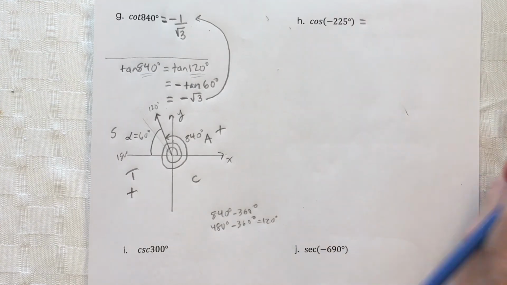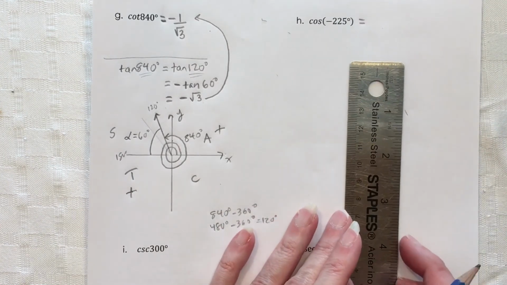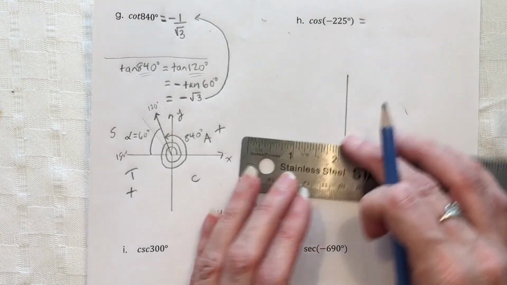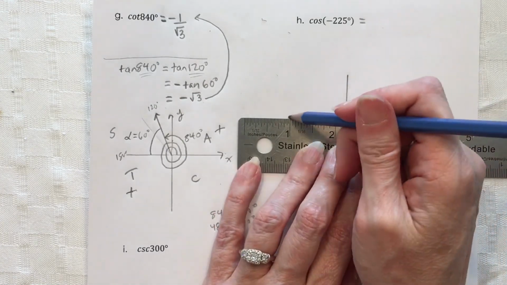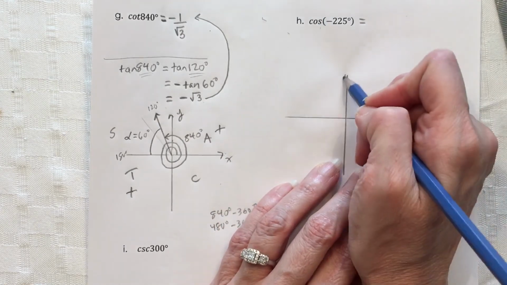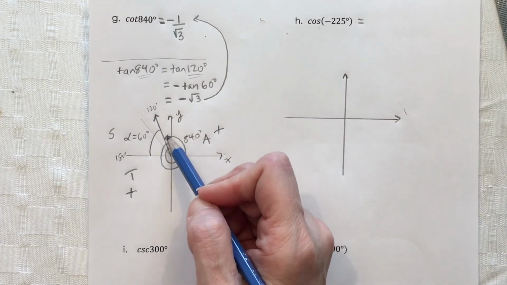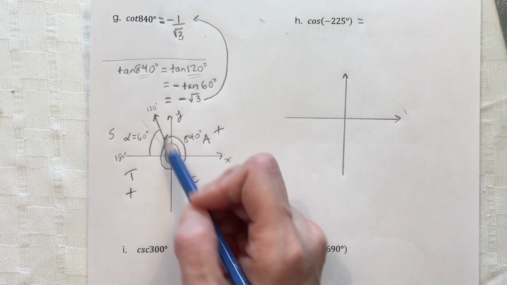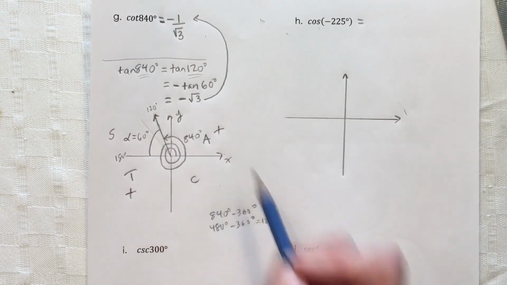All right, the cosine of negative 225 degrees. Again, angles that have the exact same terminal arm have all the exact same trig values. So for instance, the angle 840 is going to have the same sine, cos, and tan as the angle 120 because they have the same terminal arm in the exact same position.